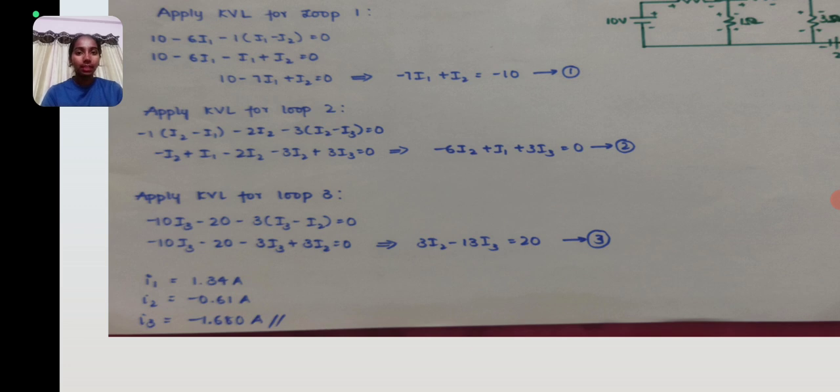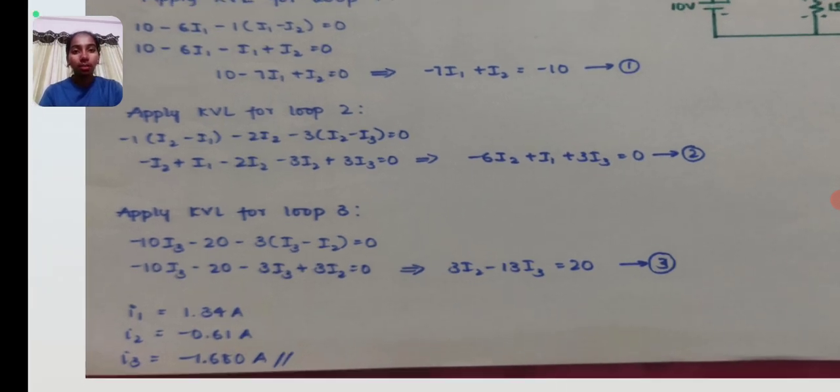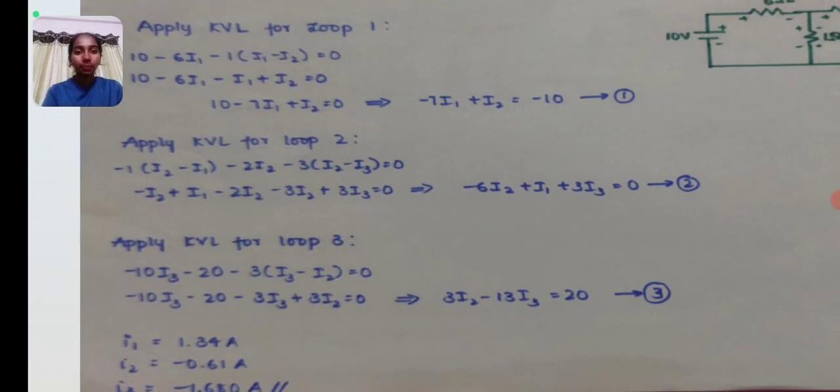Now apply KVL for loop 2. Applying KVL we get minus 1 (I2 minus I1) minus 2 I2 minus 3 (I2 minus I3) is equal to 0. On solving this, we'll get minus 6 I2 plus I1 plus 3 I3 is equal to 0, which is considered as equation 2.